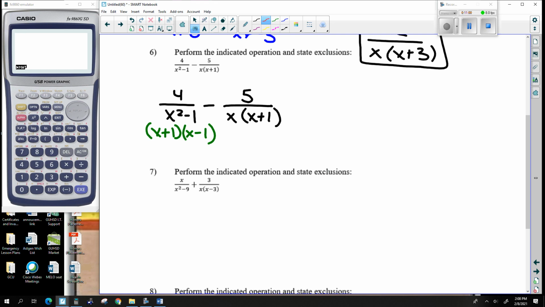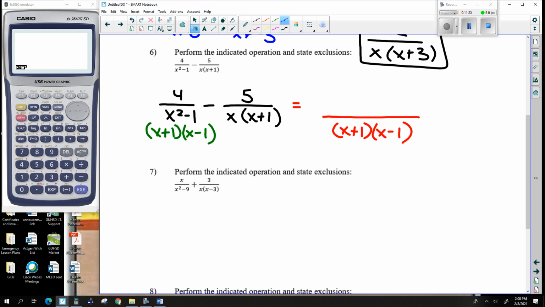So this is where you have to be a little bit analytical to get what your common denominator is. The left-hand side requires the denominator to have an x plus 1 and an x minus 1. Outstanding. Okay, so I need an x plus 1 and I need an x minus 1.